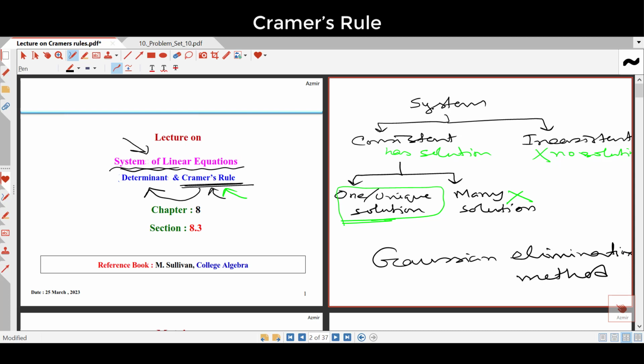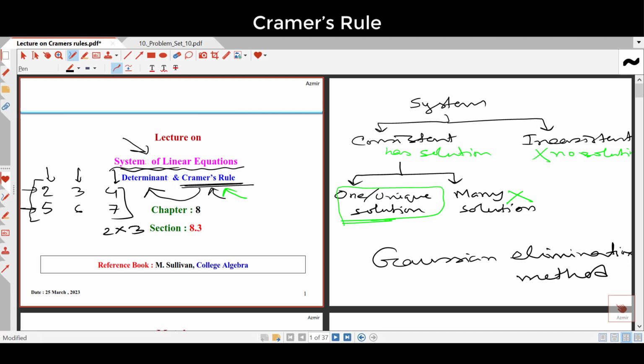You know that if the number of rows and the number of columns are the same, then that is known as a square matrix. Suppose we have 2, 3, 4, 5, 6, 7. This is a matrix. It has 2 rows and 3 columns.